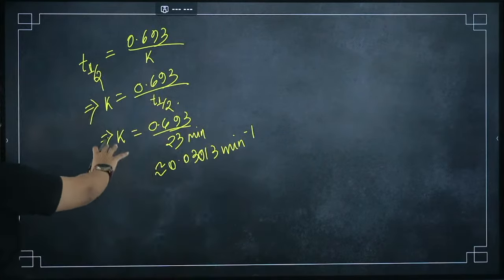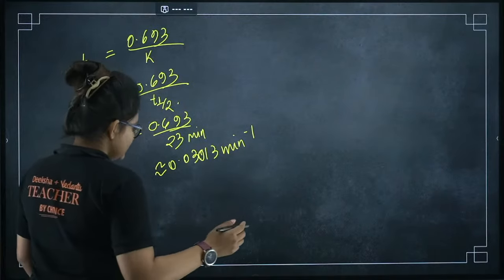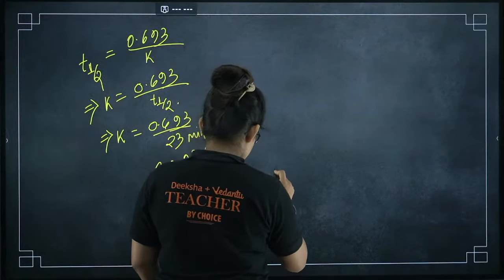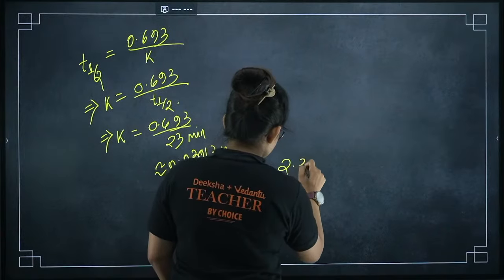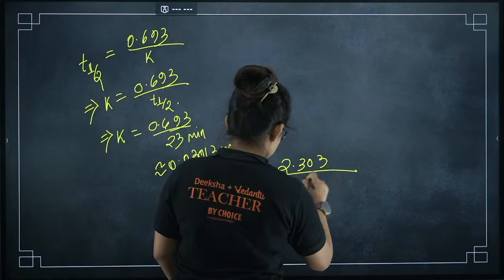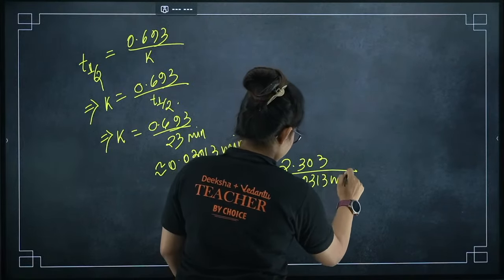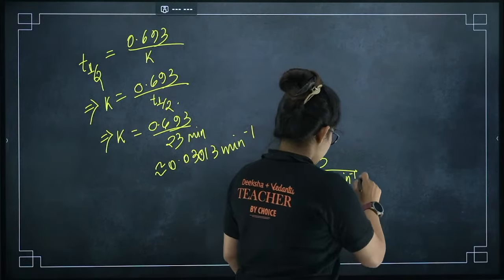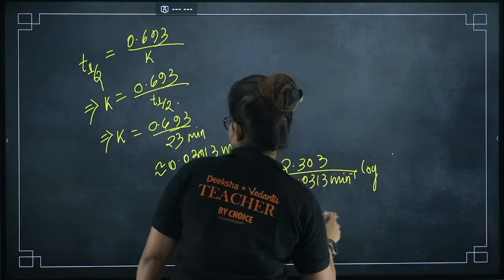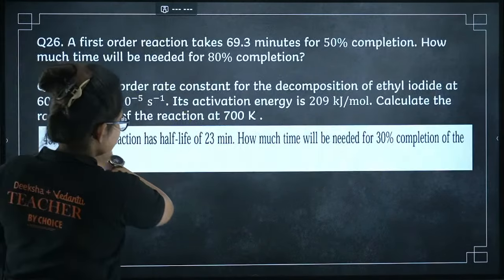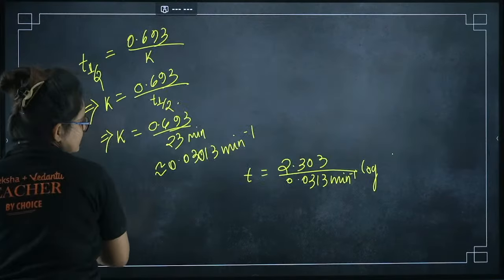Right, now put the value of this K into the first order integrated rate law. t equals 2.303 divided by 0.0313 minute inverse, log of... how much completion? I guess 70 or something. 30% completion.